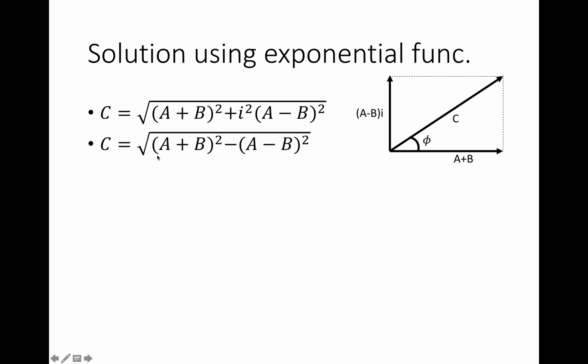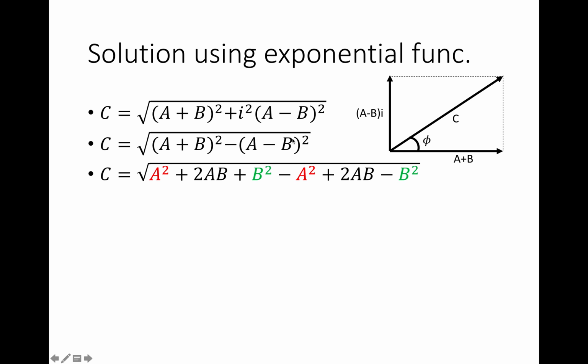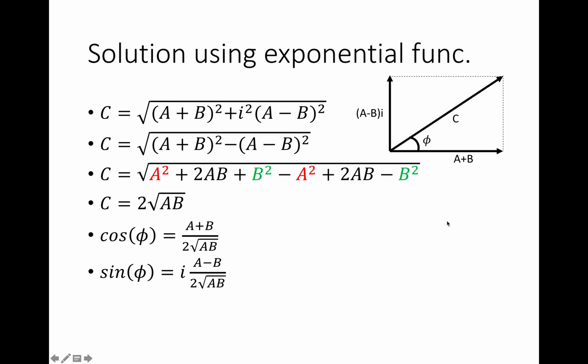Finally, we can easily get C squared as A plus B squared minus A minus B squared, because i squared becomes minus 1. By solving this equation, we realize this part and this part can be eliminated easily. So it will be 4 times AB, and under the square root, it will be 2 square root AB for C. Because C comes out easily, cosine phi and sine phi can be defined like this.